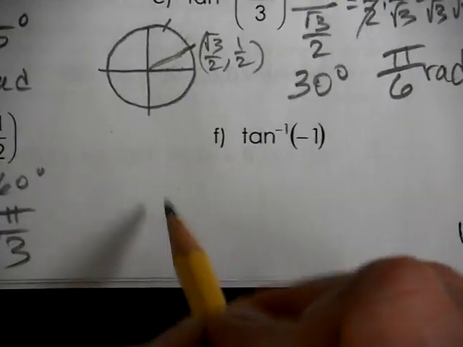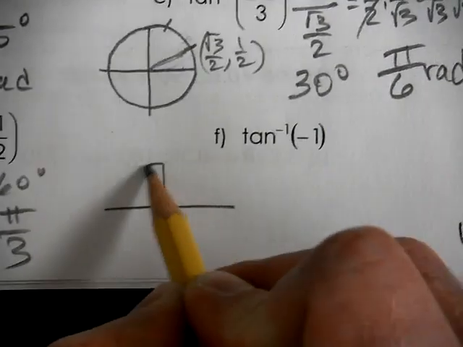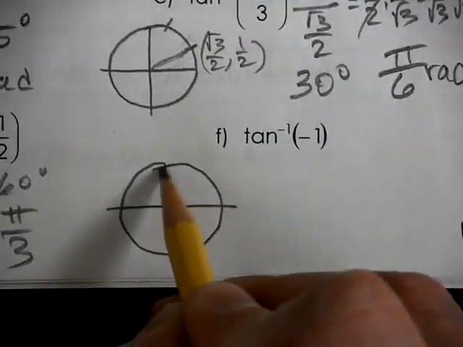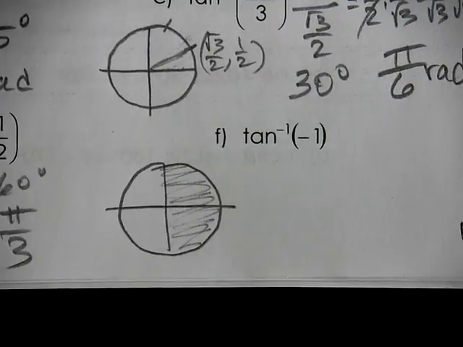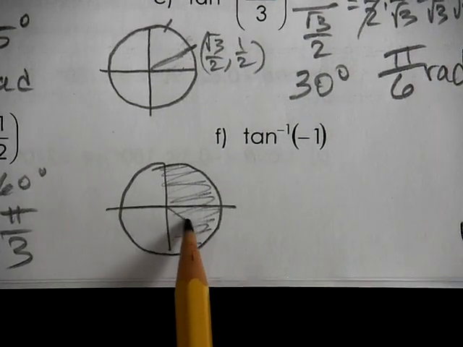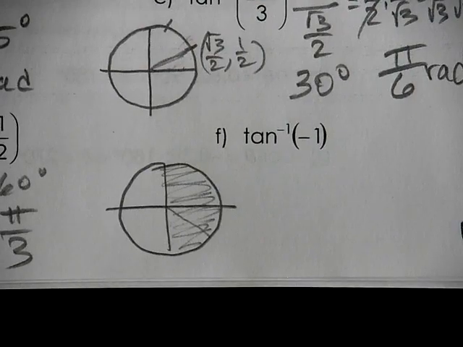Tangent is -1. That's negative. We know that we use these two quadrants for tangent and sine, but tangent for this case, negative would have to be coming this way.